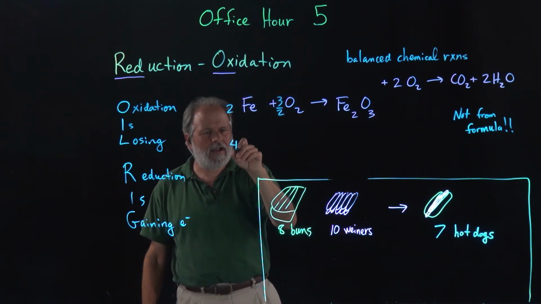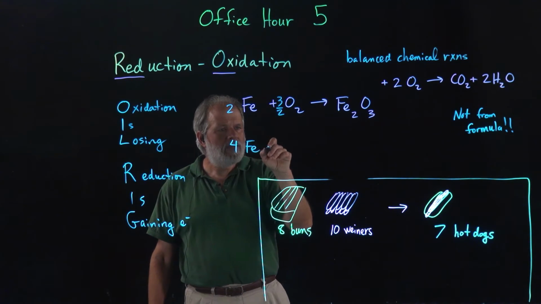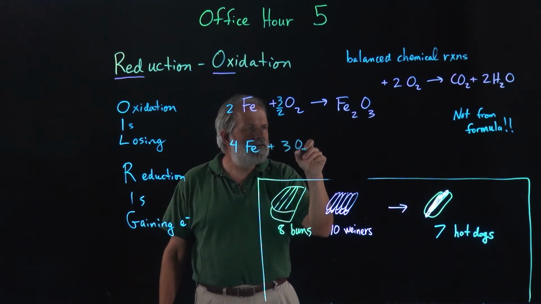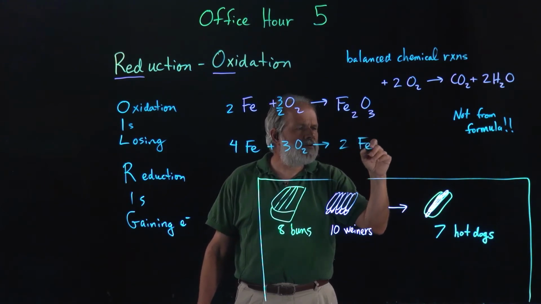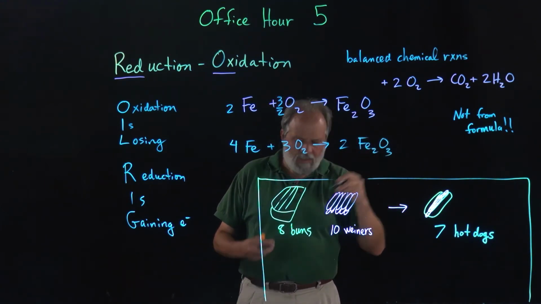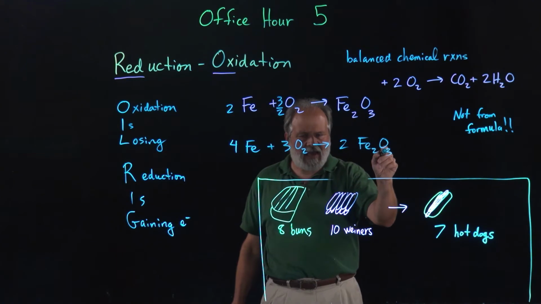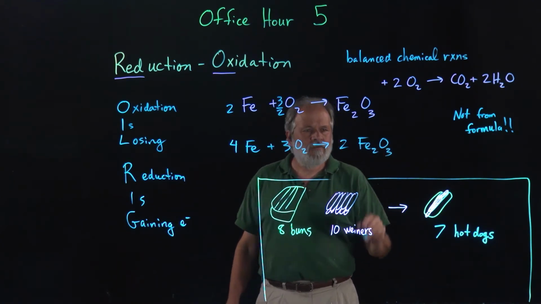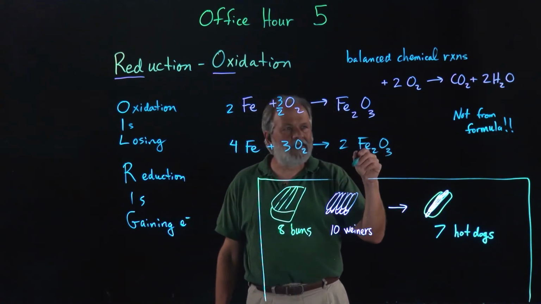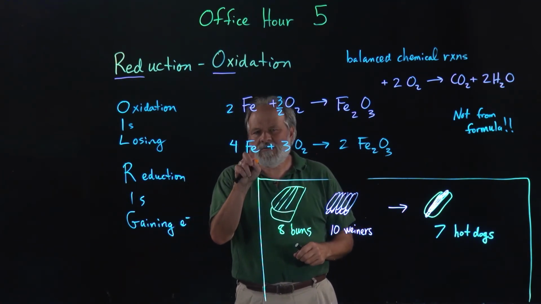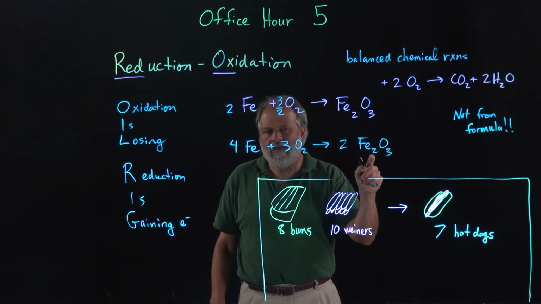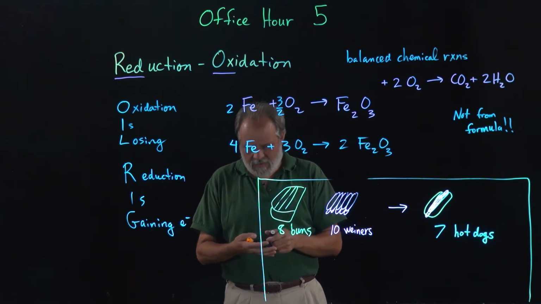So 4 iron plus 3 O2 goes to 2 Fe2O3 molecules. When I look at the charge of oxide, it's -2. When I look at the iron charge, it's +3. That's why it's called iron 3. So the iron had a charge of 0, goes to a charge of +3. It's oxidized. Iron is oxidized.